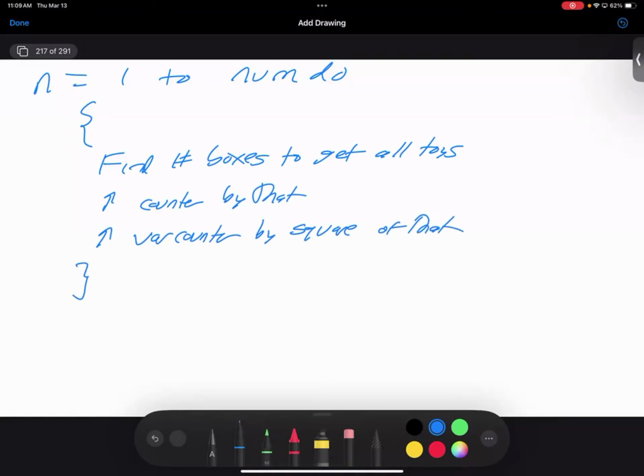So it would be something like that. And now we can calculate the mean by dividing by numDo.